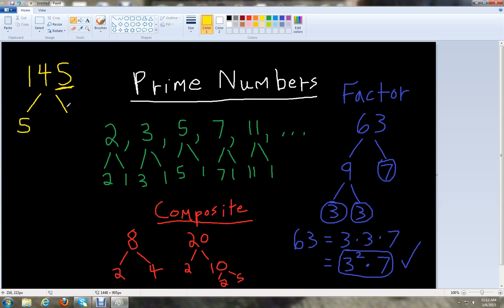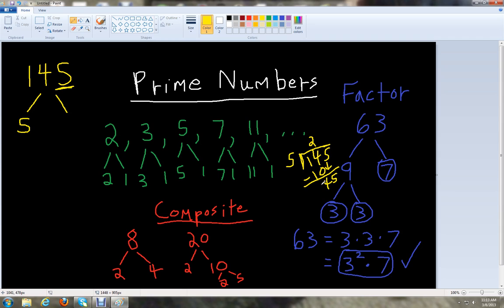And then we can do some division to the side, 5 into 145. So 5 goes into not 1, but it goes into 14 2 times. 2 times 5 is 10. Then we subtract 14 minus 10, it's a 4, and bring down the 5.